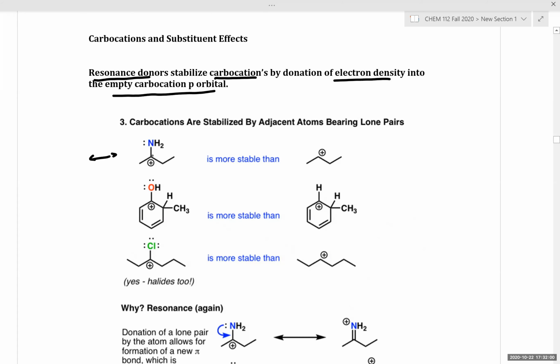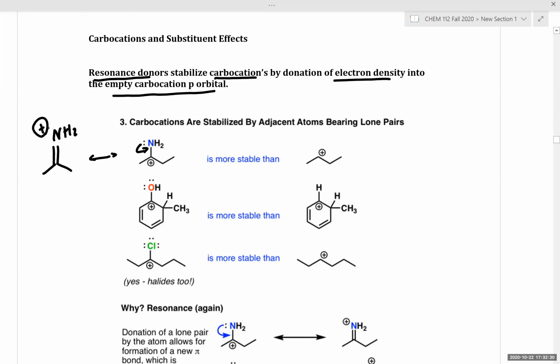So for example, if you have this adjacent amine group, which has a lone pair in a filled p orbital that can overlap and donate electron density into this empty p orbital, we can draw the following valid resonance structure where we've stabilized our carbocation, generated a structure with a complete octet, and delocalized the charge over multiple atoms.